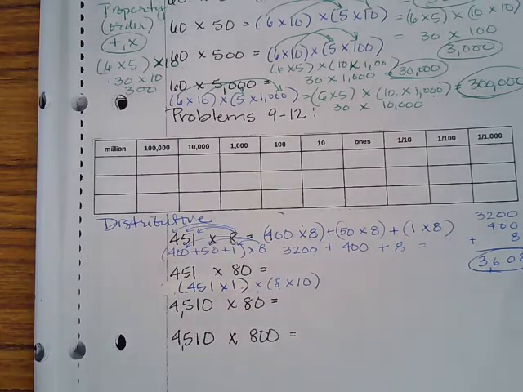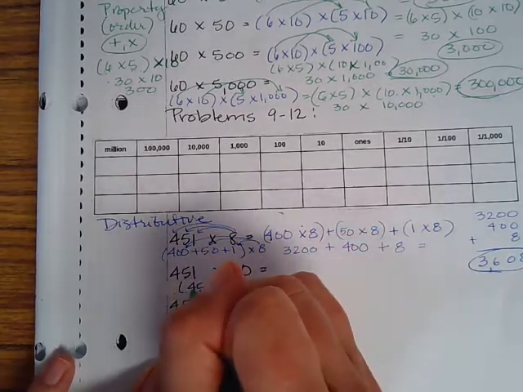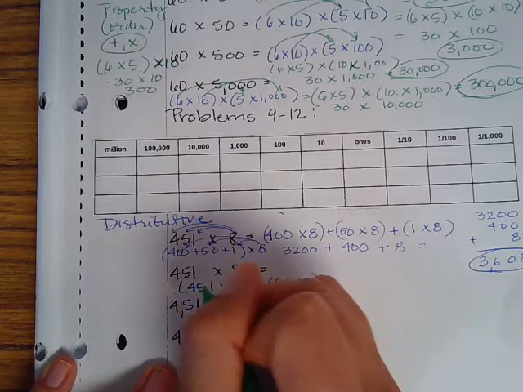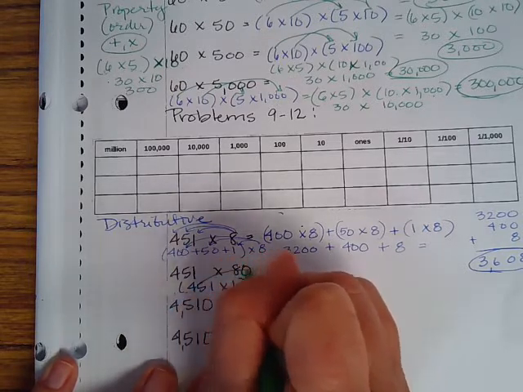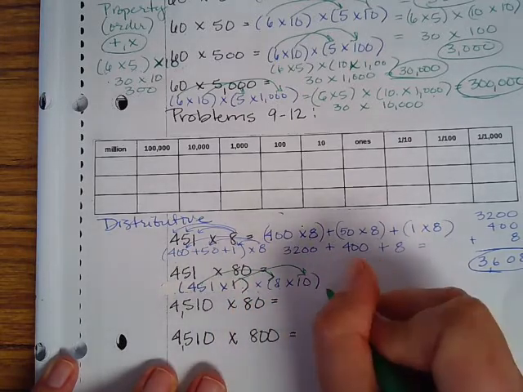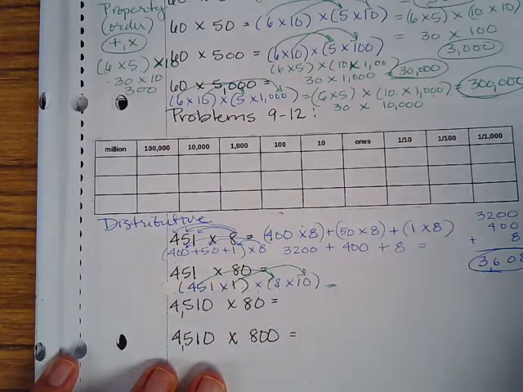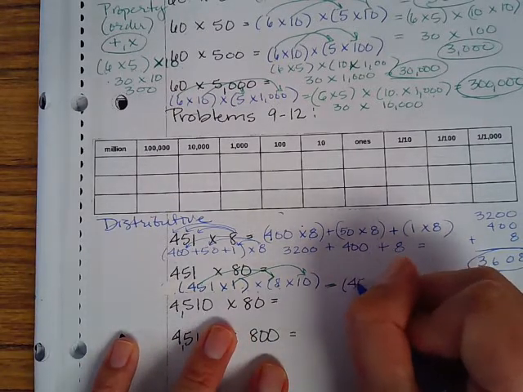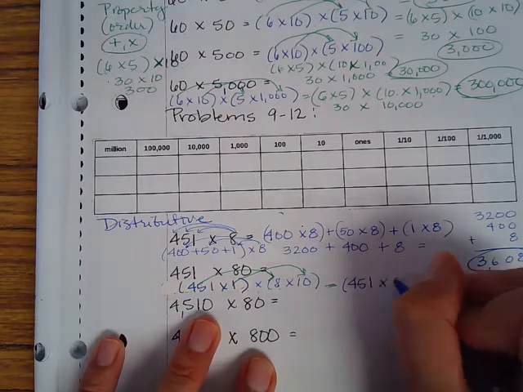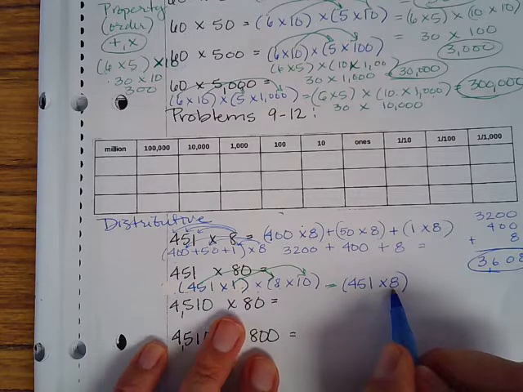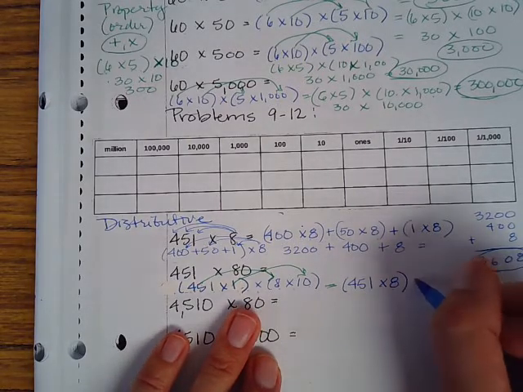So now let's distribute. So remember, first number to first number, second number to second number. So let's go 451 times 8 and 1 times 10. 451 times 8, and you know how to do multi-digit multiplication by a single digit quite easily by now.